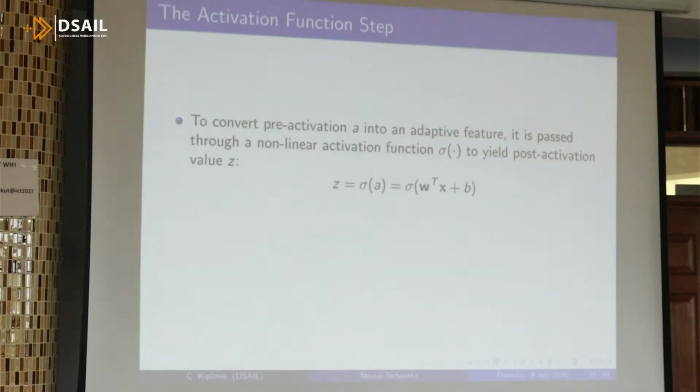And then we convert that pre-activation value into an adaptive feature. It is passed through a nonlinear activation function to yield the post-activation value. So there's a pre-activation value and a post-activation value. The pre-activation value is the result of a linear operation. The post-activation value is the result of a nonlinear operation, Z.